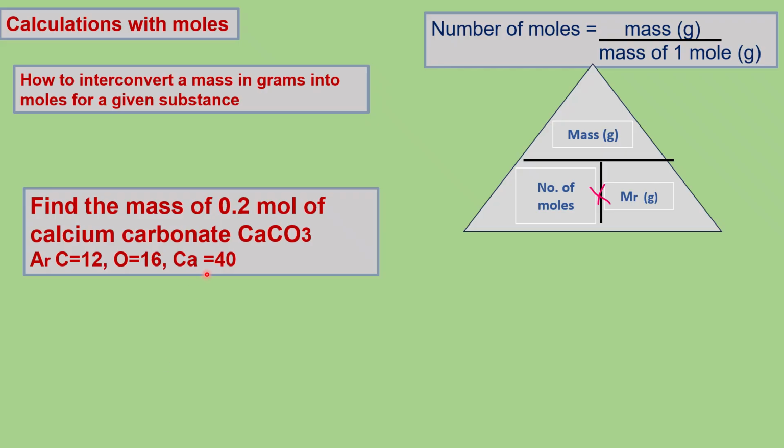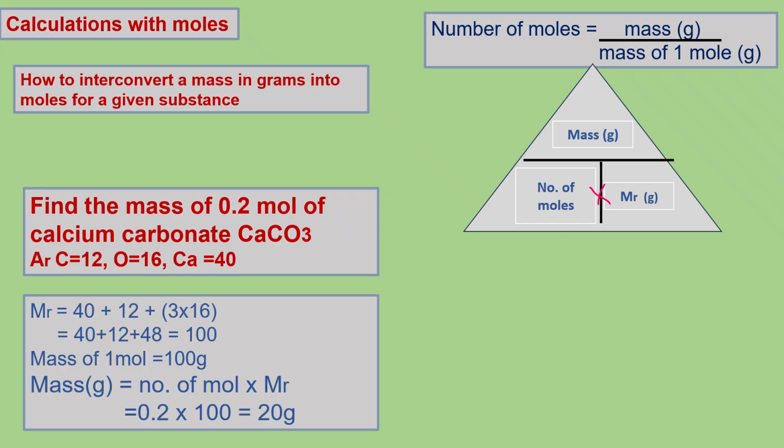Find the mass of 0.2 moles of calcium carbonate, CaCO3, and you are given the relative atomic masses of the elements. Now you have the number of moles and you need the mass. So you multiply the number of moles times the relative formula mass. So the first step is to get the relative formula mass. How do you calculate it? The relative formula mass is 40 plus 12 plus 3 times 16.